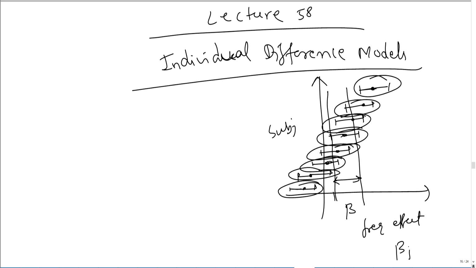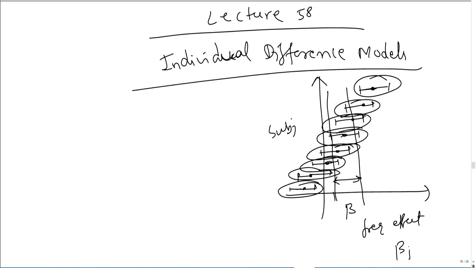Wouldn't that be more informative compared to drawing inference from the average, which always says that there is a frequency effect, and we are not moving forward in theory on why there is a frequency effect, which can be investigated if we look at individual differences? Okay, so these are the two reasons why we are interested in individual differences.